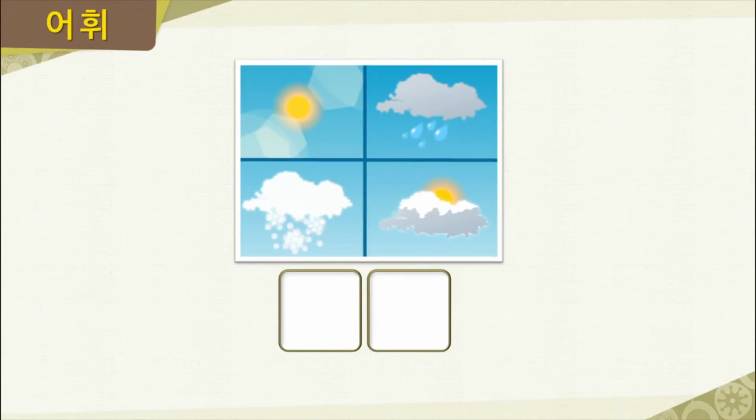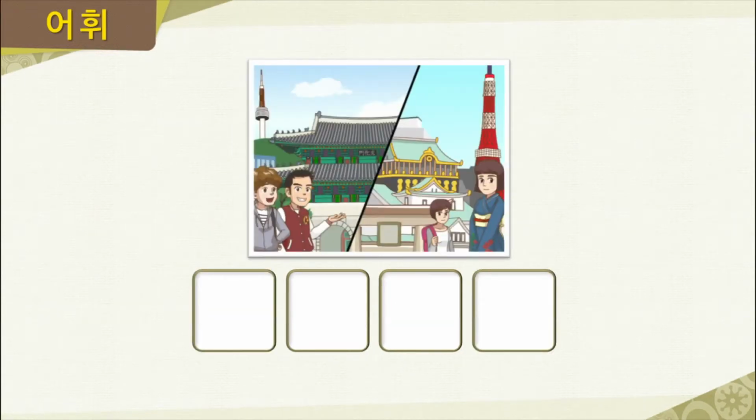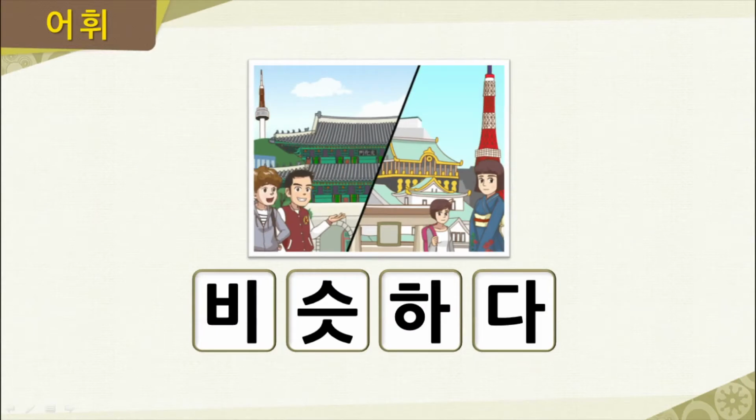So what word can we use in Korean to describe this? Correct. The word is 날씨. Now, Korea's Seoul and Japan's Tokyo are not that different. What word could we use to describe them? Right, we could use the word 비슷하다. Great!